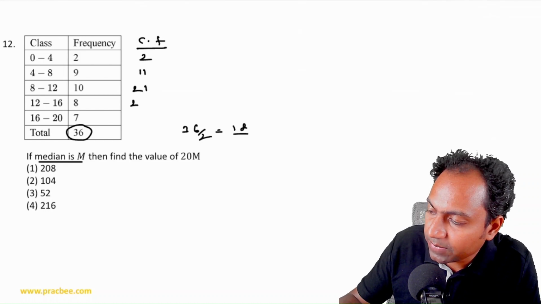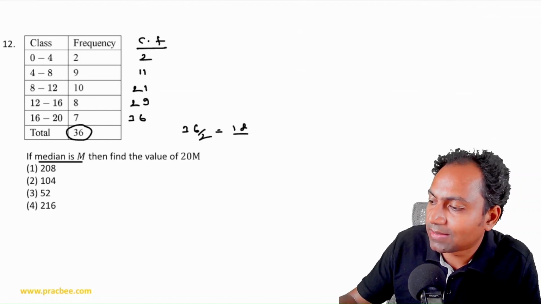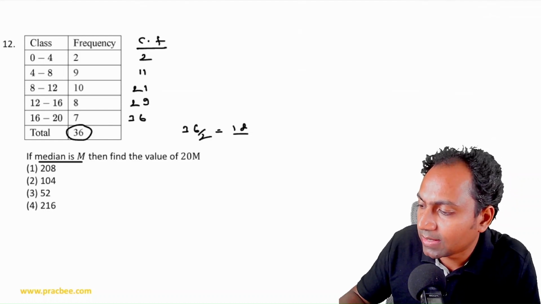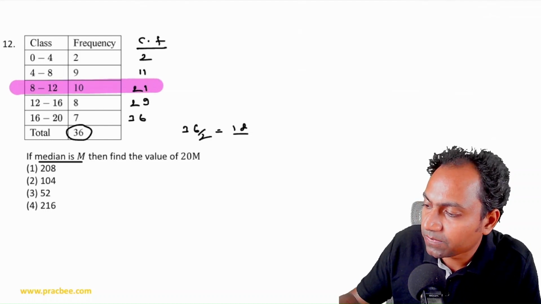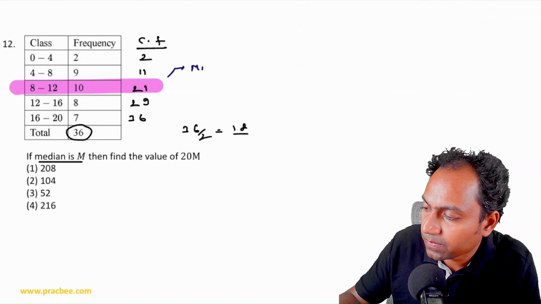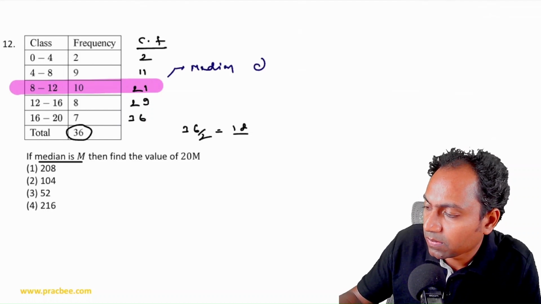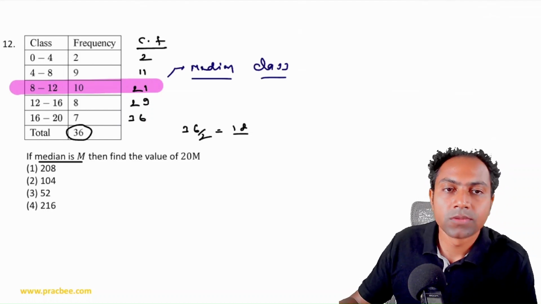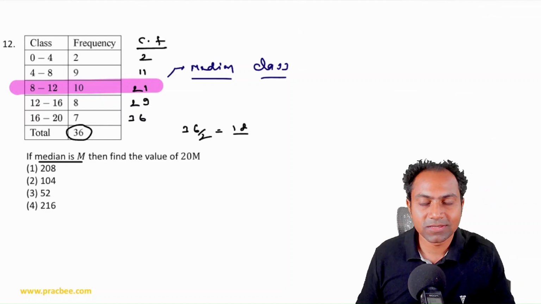Then this will add up and will become 29. Then this will add and will become 36. You can see that that value is going to lie in this class. So this has become our median class now. This class has become nothing but a median class.